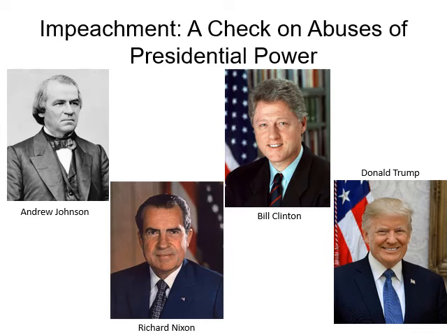Then what you have happen after the House of Representatives votes to impeach is there is a trial in the Senate. And they conduct it like a normal trial. They hear witnesses, they hear testimony, they have a prosecution and a defense, senators acting as the prosecutors and senators acting as the defense attorneys. And at the end, they all vote.